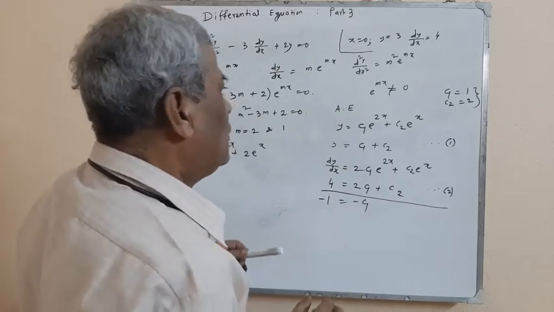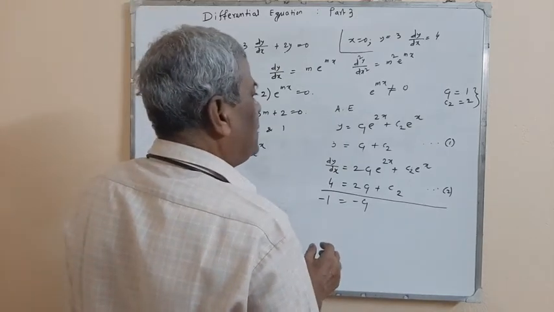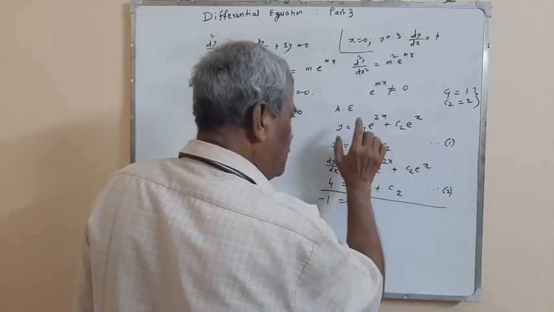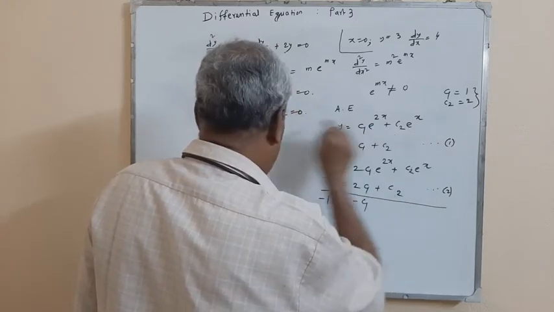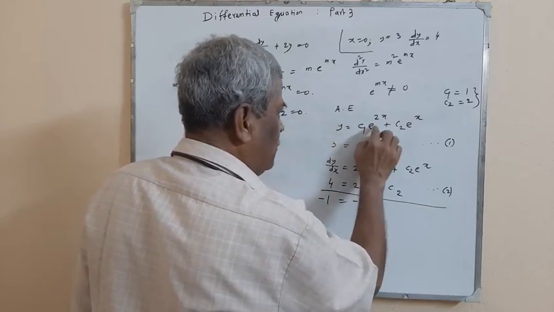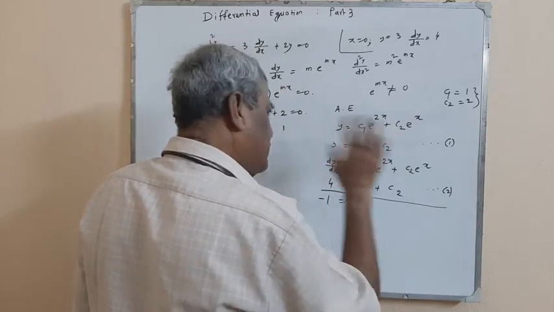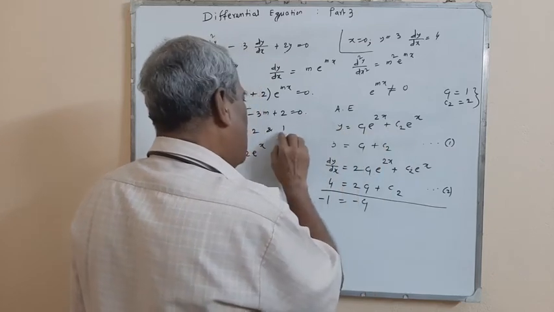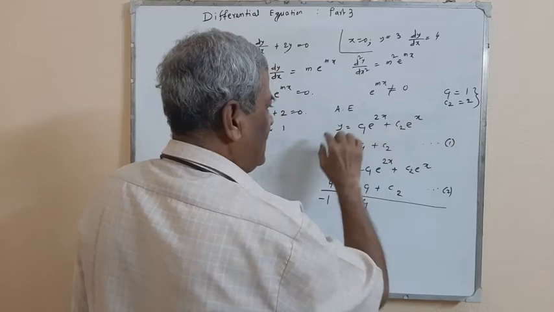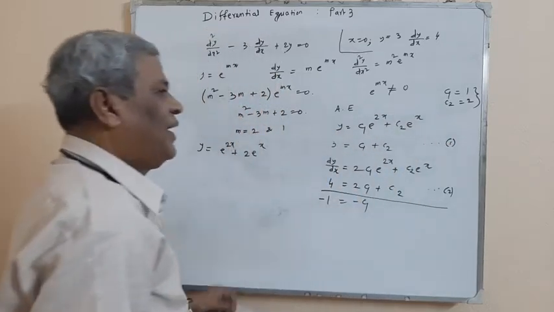In that case, the solution is y is equal to c1 into e to the power of the first value of m, that is c1 e to the power 2x plus c2 into e to the power of the other value of m, that is e to the power 1 into x. So this is our answer.